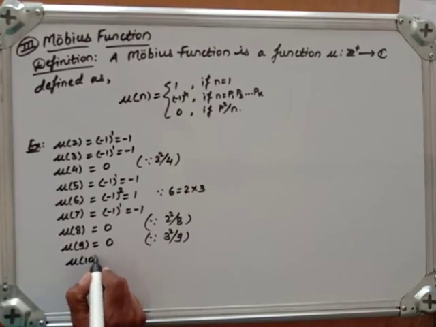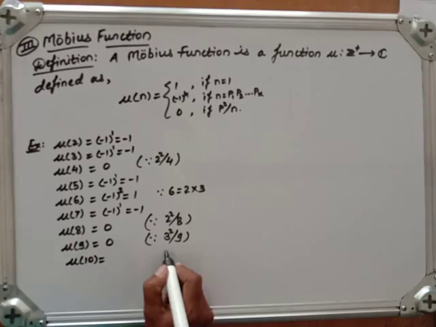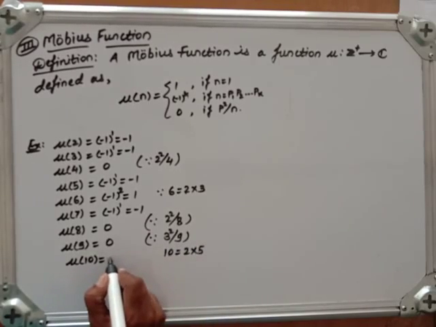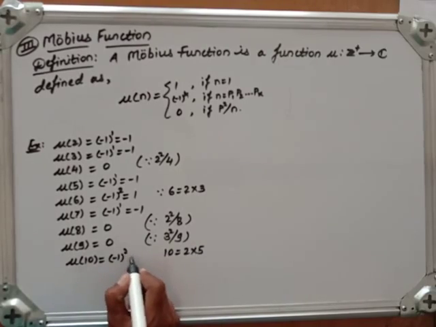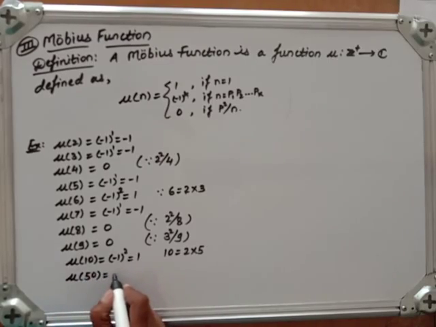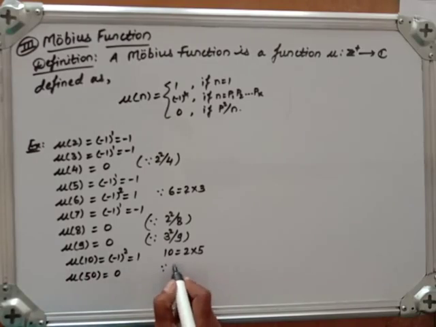Mu of 10. What is mu of 10? 10 is equal to 2 into 5. So (-1) raised to 2. So it will be 1. Then mu of 50. Mu of 50 is 0. Why is this? Since 5 square divides 50.